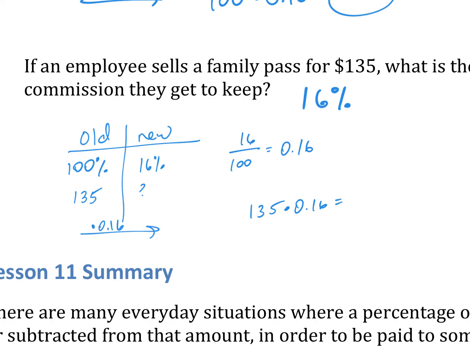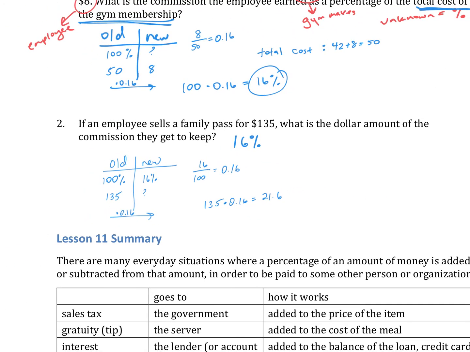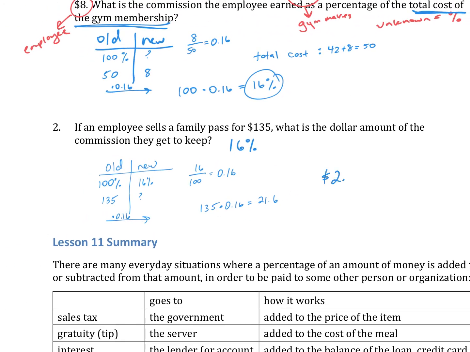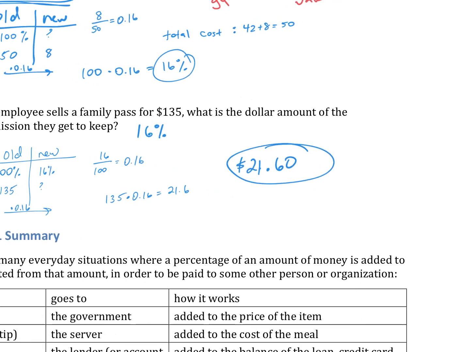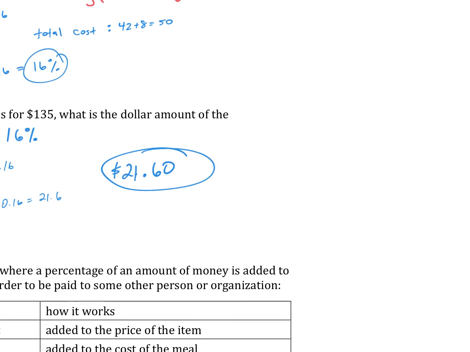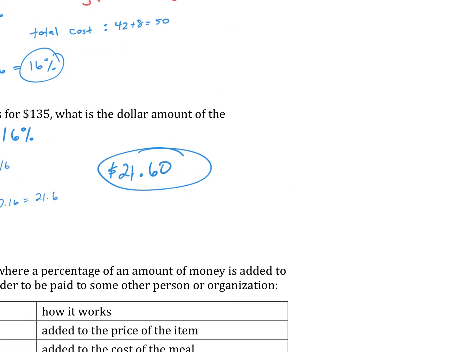is 21.6. So that means the employee would get $21.60. Remember, a proper way to write dollar amounts is to have two numbers after the decimal, so we just add a 0 after the 6. I know the old versus new strategy we've been using is a good strategy. It's great visually, but I do want to present another strategy for commission.